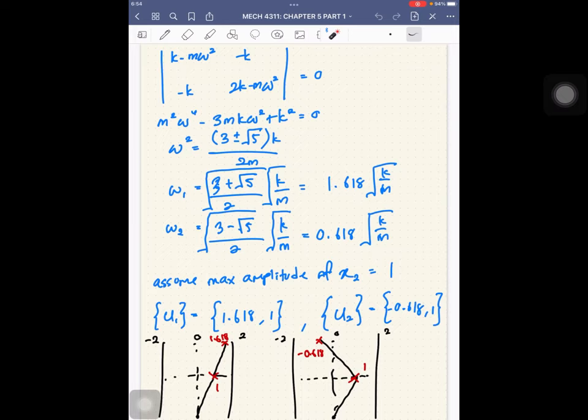So that's why we consider negative 0.618 over here, so that the next peak is going towards the negative part, so you will have a second mode vibration. Okay, now basically this is how you draw the mode shape.